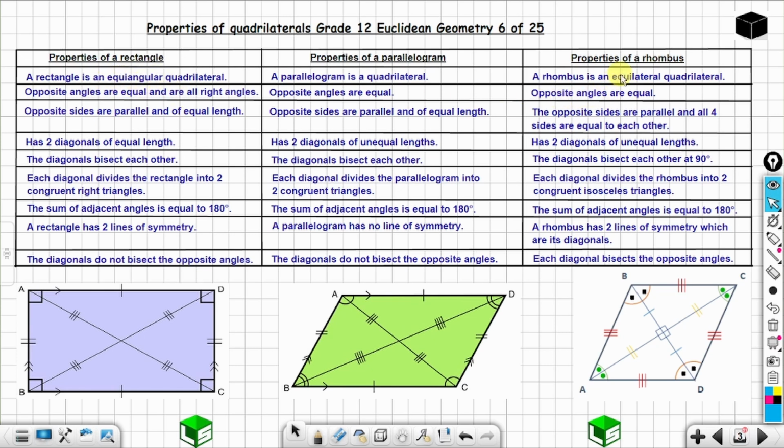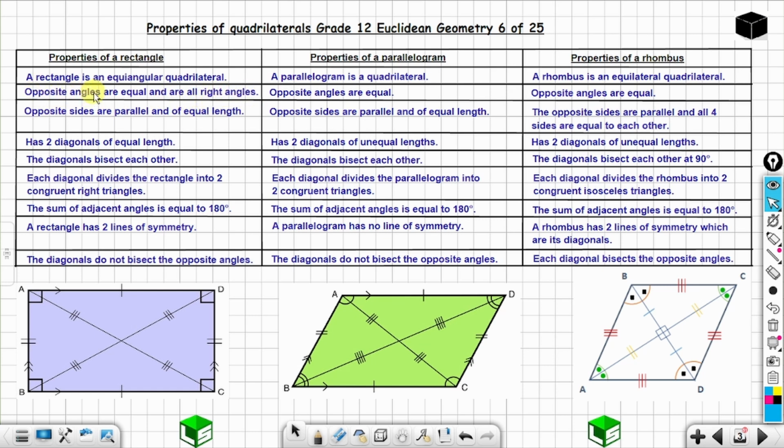Remember, we also have an equilateral triangle. An equilateral triangle has got all three sides equal to each other. An equilateral quadrilateral has all four sides equal. Let's carry on. The properties of a rectangle. Opposite angles are equal and are all right angles.